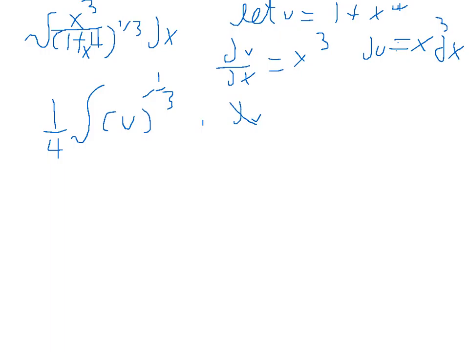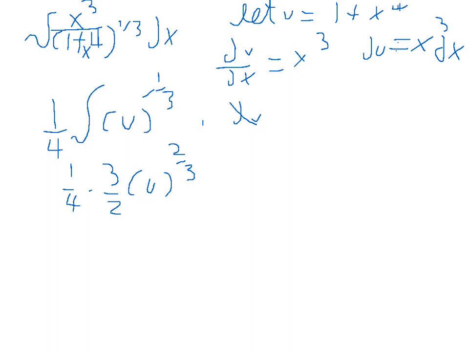So when we integrate, we need to take the antiderivative of that. The antiderivative would be 3/2 u to the 2/3, and we can't forget about the 1/4, so it's actually 1/4 times 3/2 of u to the 2/3.